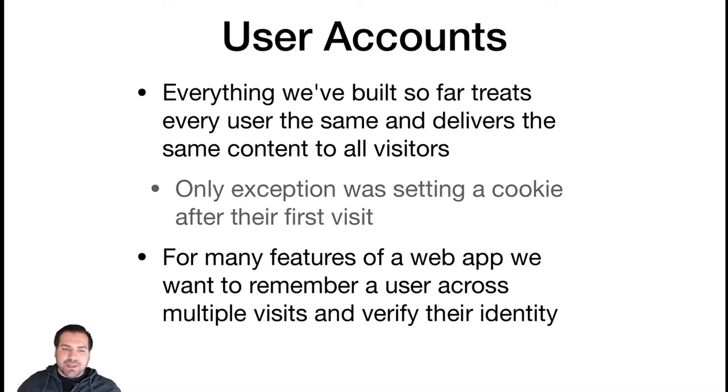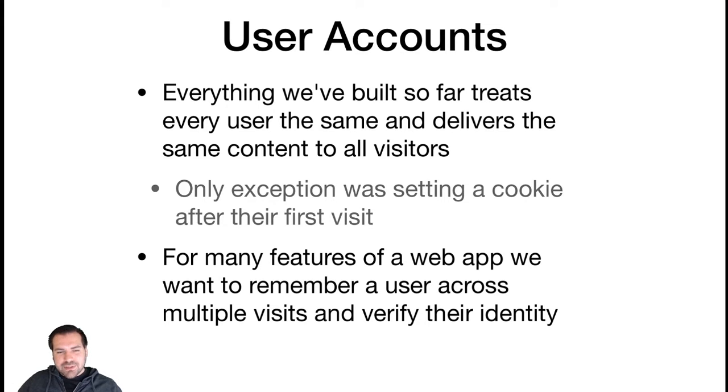For example, the chat app that we saw last week, which we did get up and running during Q&A, and I'll bring that back this Friday with authentication. That chat app just treated every user as the same, and I had a little bit of JavaScript that generated a random username for you, and then when you sent a message, that username would be associated with your message. But there was no authentication.